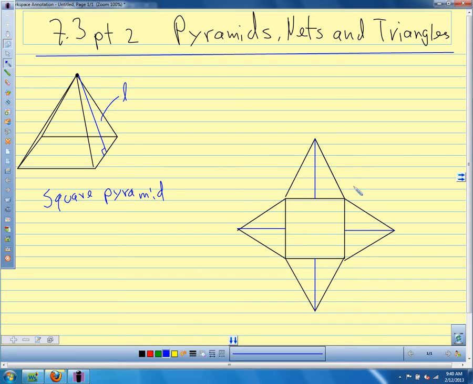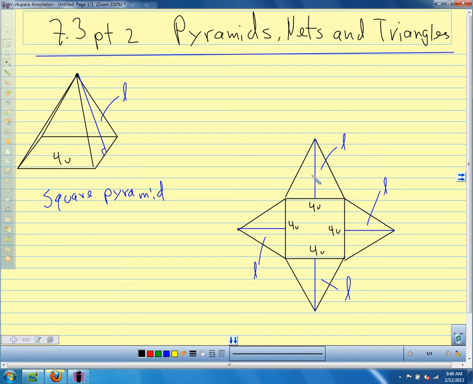So each of those is the slant height. And let's say that the base of our square pyramid is 4 units. So each of these sides is 4 units.